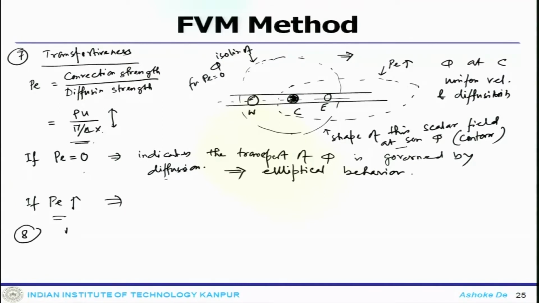Now, another important property is the boundedness of the profile. This has something to do with the first property of conservation.